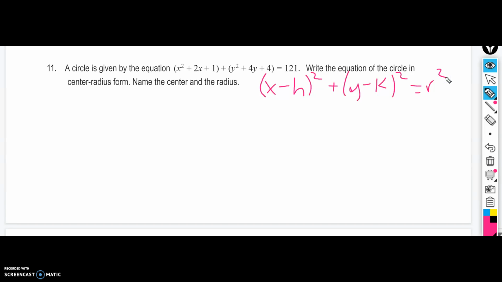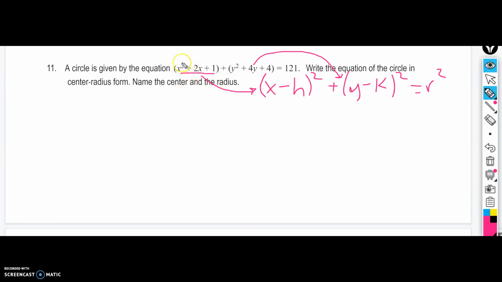You might be able to right now think that you can identify the radius. You actually, in this case, you can. Because right now, if I look, here are all my x's. Here are all my y's.